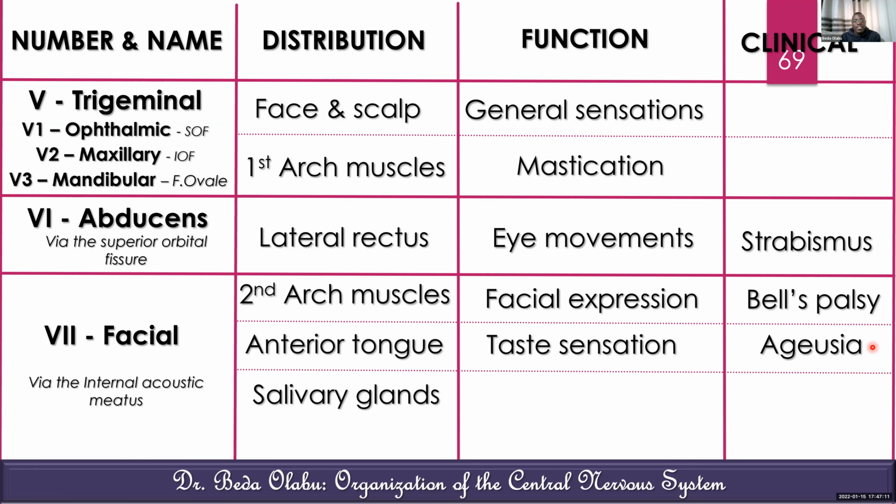Apart from that, facial nerve also goes to the salivary glands. The particular salivary glands we have in mind are the submandibular salivary gland, which is just below the mandible, and the sublingual salivary gland. Well, there are also some intrinsic salivary glands. So the role for this is salivation.